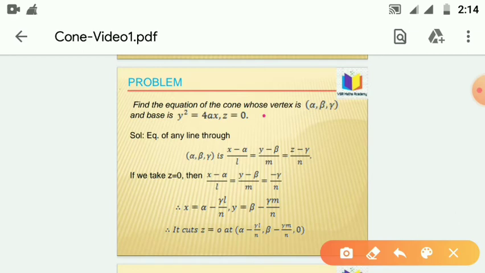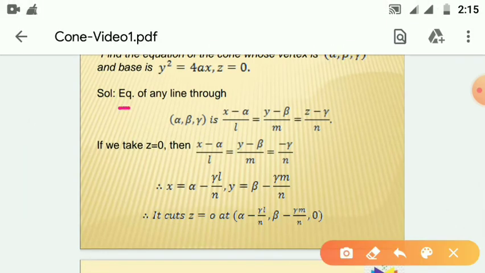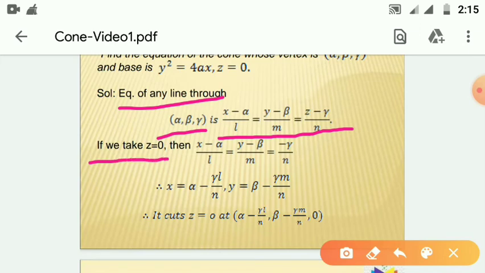The equation of any straight line through alpha, beta, gamma is (x minus alpha) by l is equal to (y minus beta) by m is equal to (z minus gamma) by n. If we take z is equal to 0, then (x minus alpha) by l is equal to (y minus beta) by m is equal to minus gamma by n. So x is equal to alpha minus gamma l by n, y is equal to beta minus gamma m by n.